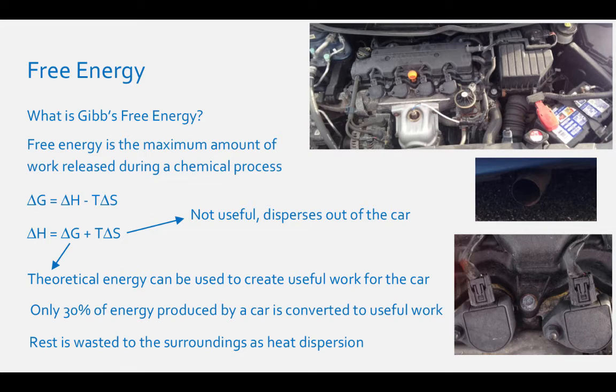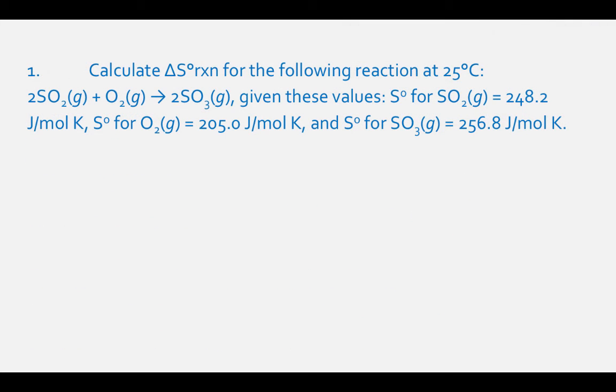Now we will work on some problems using the concepts discussed in this video. Calculate delta S naught reaction for the following reaction at 25 degrees Celsius. 2 SO2 gas plus O2 gas results in 2 SO3 gas.